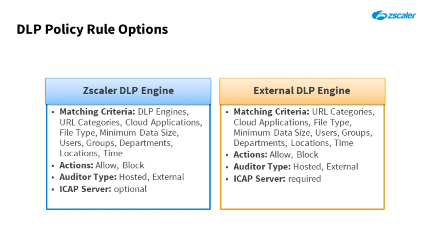Extensive scanning and analysis can be done by the external DLP system using a comprehensive set of dictionaries and engines, although it is unable to block exfiltration attempts in real time. As with the Zscaler engine, the available actions are to allow or block. You can send notifications to hosted users or an external auditor, and you must specify the external DLP server to send any matching transactions to.